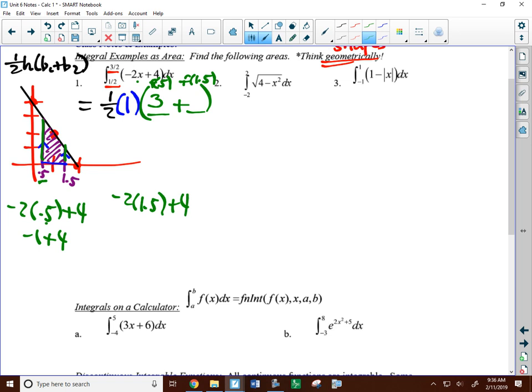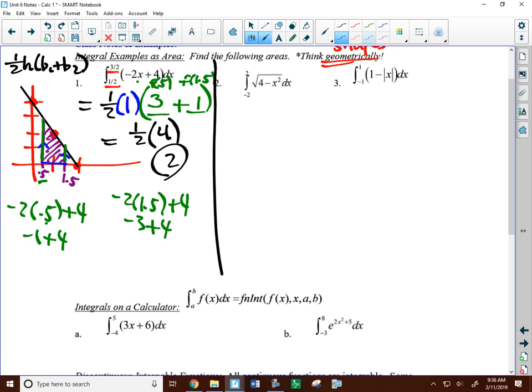That's -3 plus 4, so 1. So it's going to be 1/2 times 1, which is 1/2, times 3 plus 1, which is 4, and so we get 2.